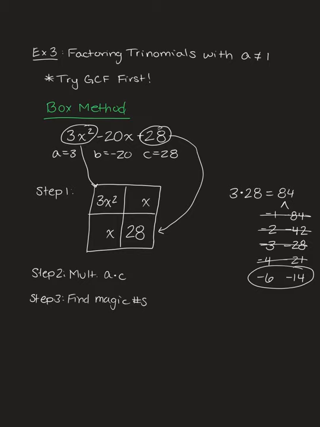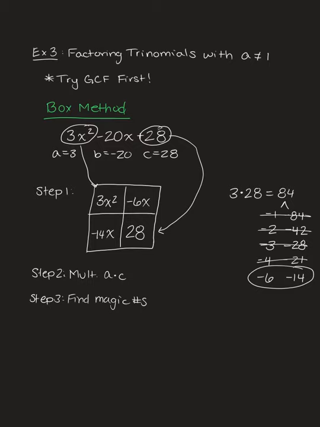So if I put it doesn't matter which place you put your magic numbers in, as long as they both go in. So I'm going to put negative 6 and negative 14, okay? Now, what I'm going to do is I'm going to pull out the factors of each row.